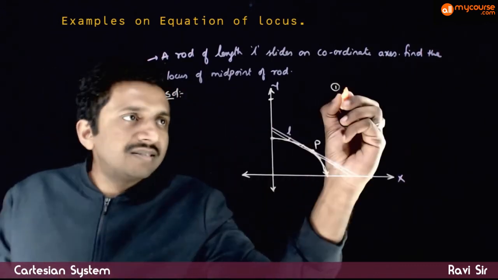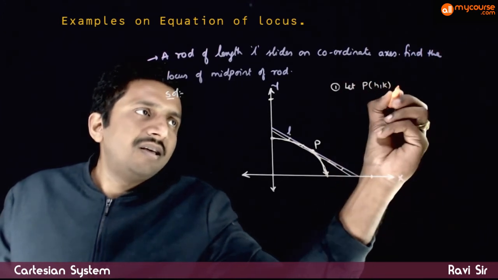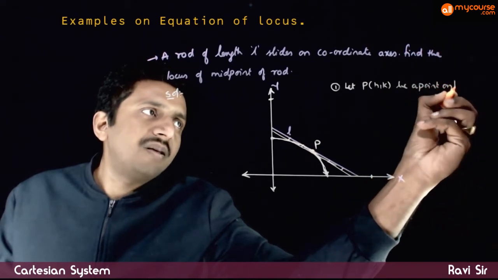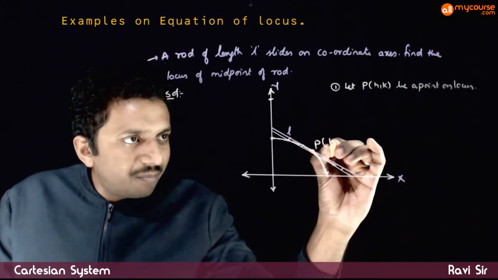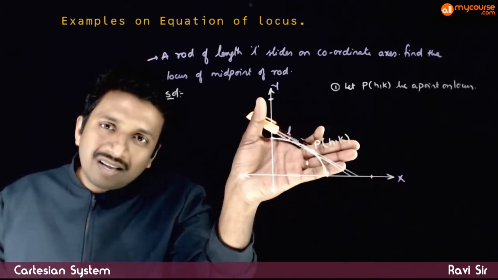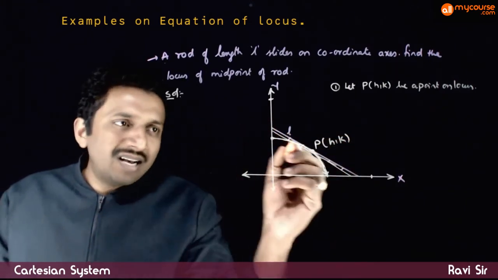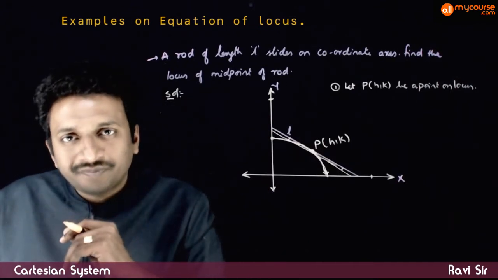The first step is: let P(h, k) be a point on the locus. That means as this rod is sliding, at some instant, let us say that the midpoint of the rod is (h, k).